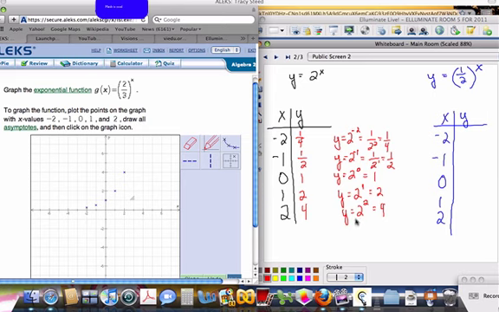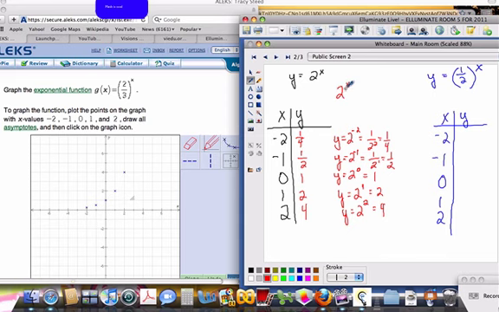And when x is positive, I'm still never going to have a negative value. So I want you to think about, can it ever... we know it's not going to be down here. We're not going to have any values down here below the x-axis. What about 0? Can 2 raised to some power ever equal 0?